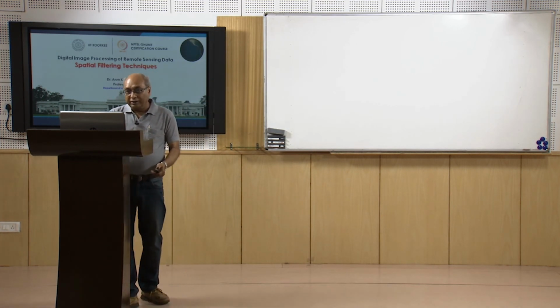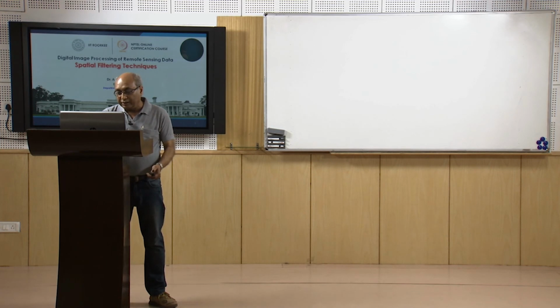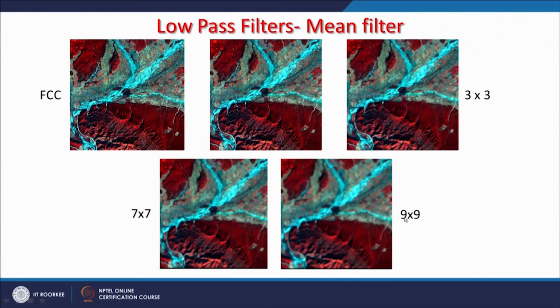So more areas are involved to calculate a pixel value for a target pixel or center pixel, and therefore it will reduce the local variations very significantly, as you can compare between the 3 by 3 filtered image and the 9 by 9 filtered image.